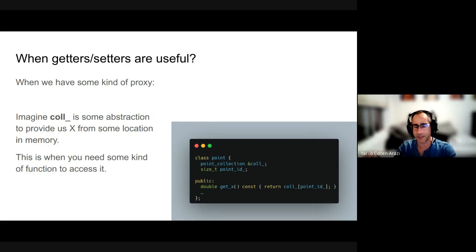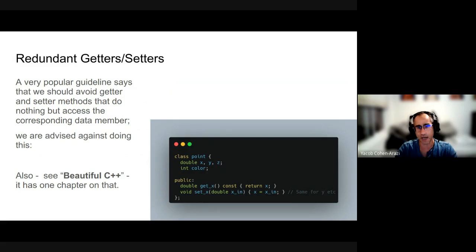It's not a simple one. It's basically reaching out to some other mechanism. This is where it is justified, because there is another layer in between that does it. It's not just a simple return X. So this is something that is useful and you should use it, but do not design your API like this.